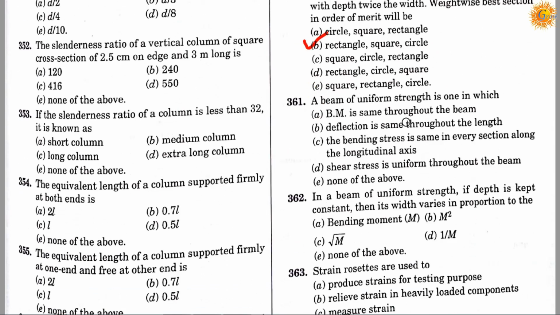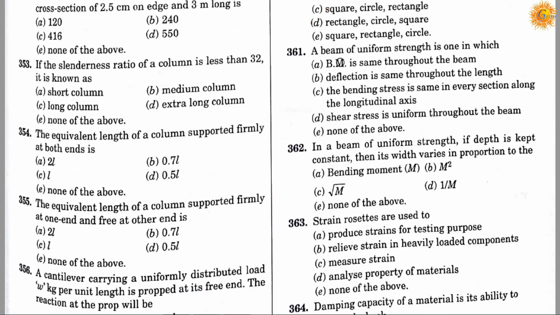Question number 361. A beam of uniform strength is one in which: option A, bending moment is the same throughout the beam; option B, deflection is the same throughout the length; option C, bending stress is the same in every section along the longitudinal axis; option D, shear stress is uniform throughout the beam; and option E, none of the above.